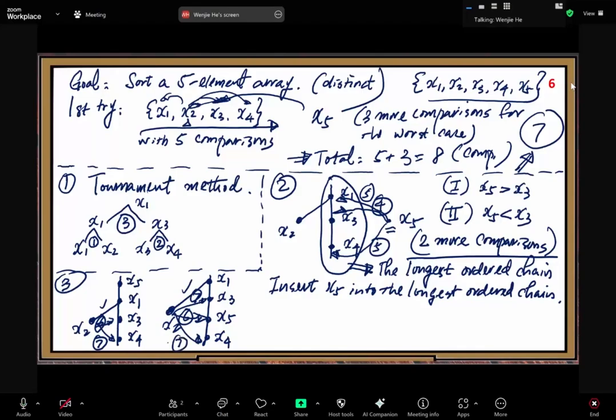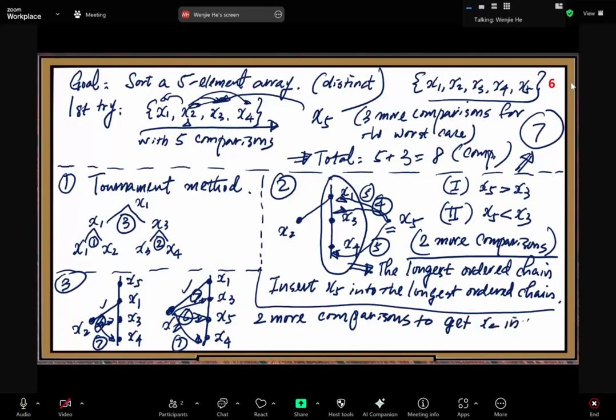So in either case, in round number 3, you need 2 more comparisons to get x2 inserted.